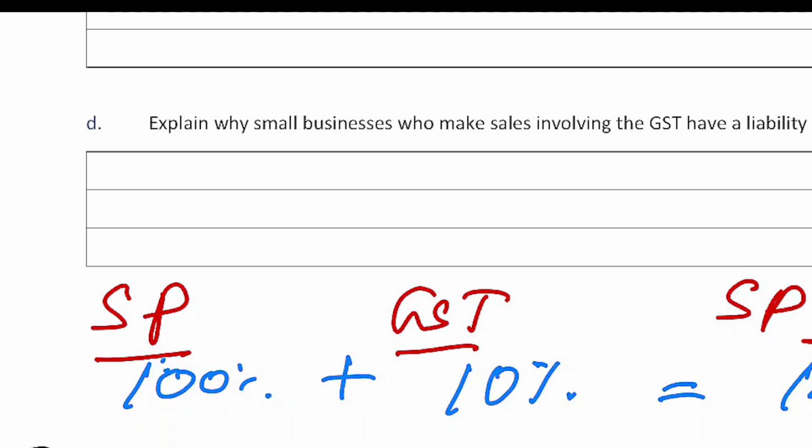Because in your study design we are dealing only with small businesses, not large or medium scale businesses. We don't deal with company accounts or anything in your study design.